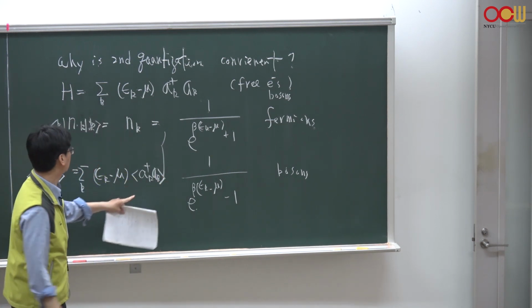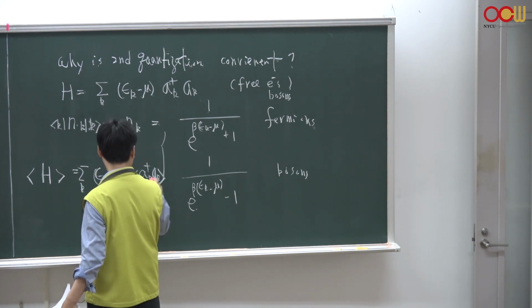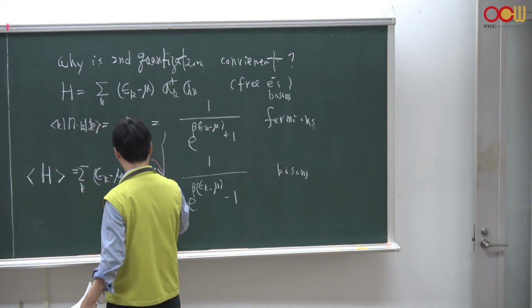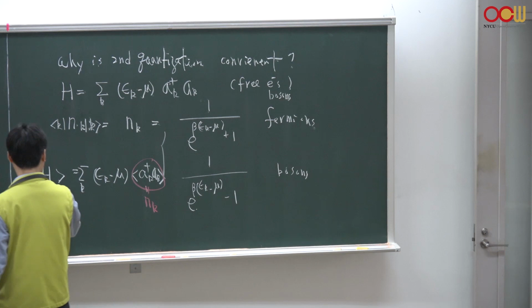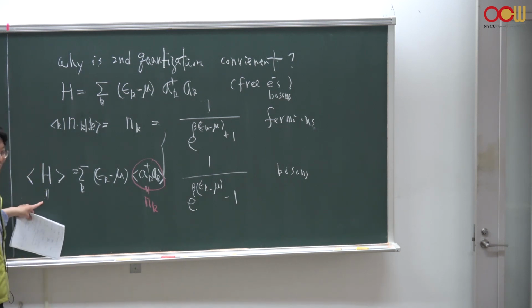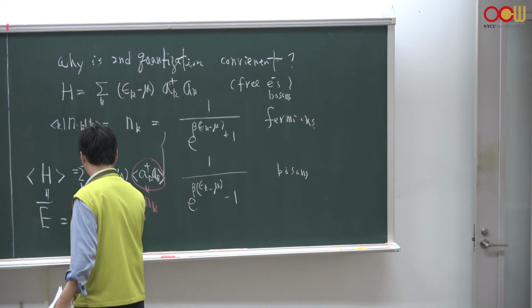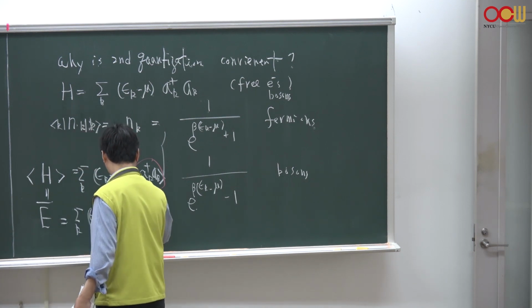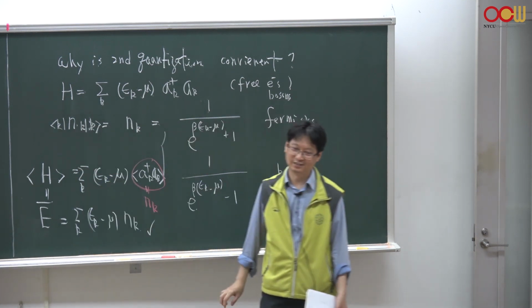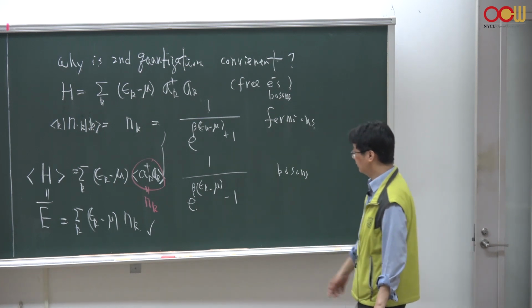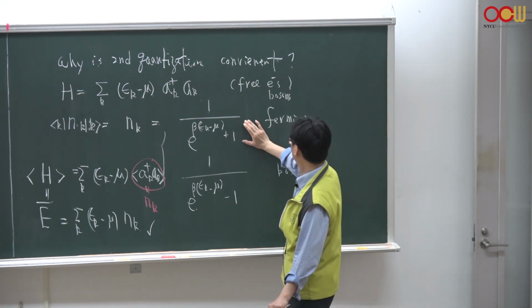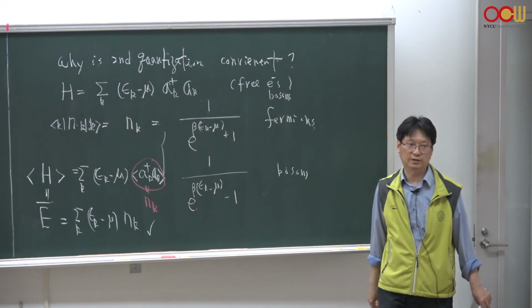But what is this? This is nothing but n of k. Therefore, your expectation value of the total energy is nothing but sum over k, epsilon k minus mu, n of k. That's it. And you know what n k is, because n k is either Fermi-Dirac or Bose-Einstein.